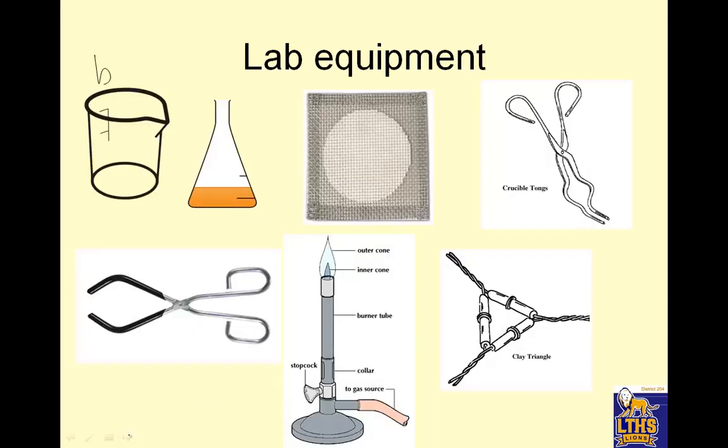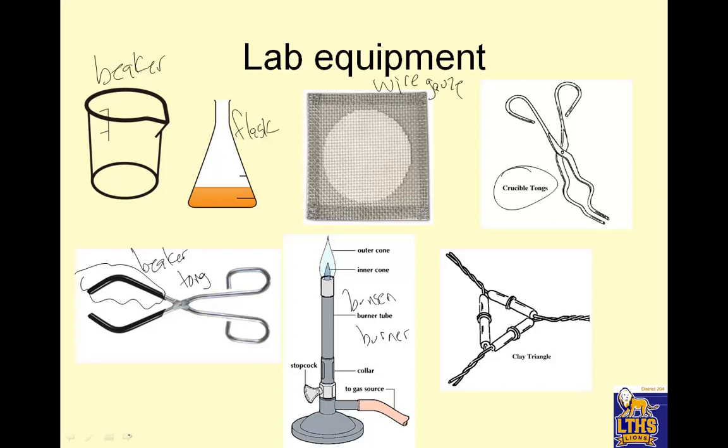Lab equipment. Beaker. You might want to Google image some of these things and get them, or draw them, or whatever you're able to do. Flask. Beaker tongs. And beaker tongs have rubber grippies. Bunsen burner, wire gauze, crucible tongs is labeled for you.